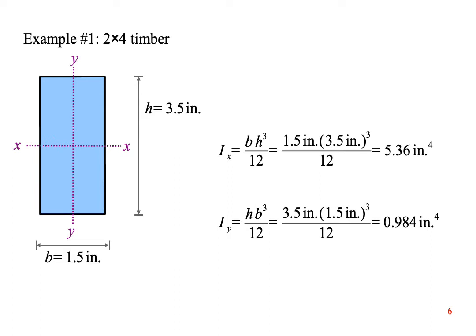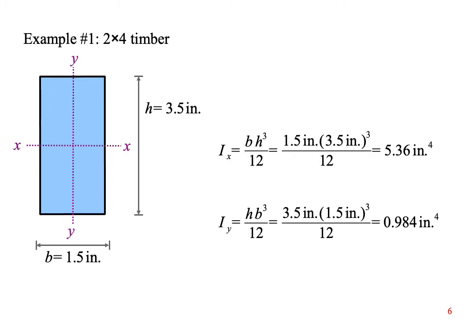Let's look at a practical example. A 2x4 timber has dimensions 1.5 inches by 3.5 inches. You can find the actual dimensions of timber in Appendix E. I sub x is 1/12 the base times the height cubed, which comes out to 5.36 inches to the fourth.